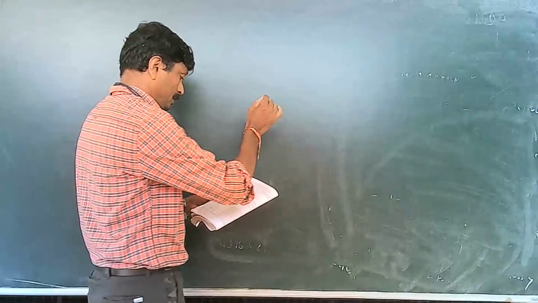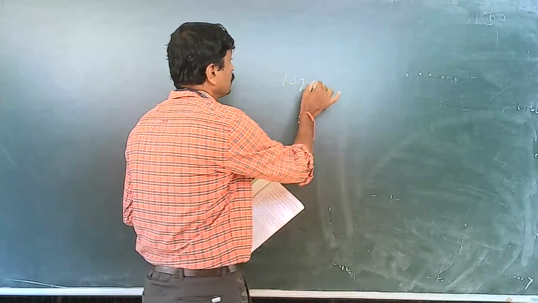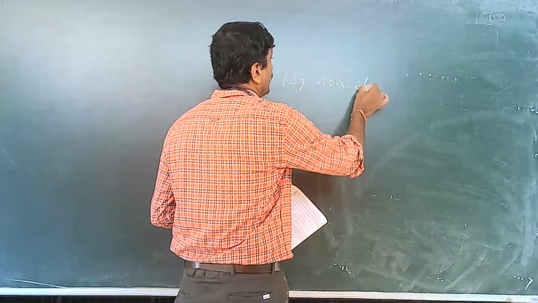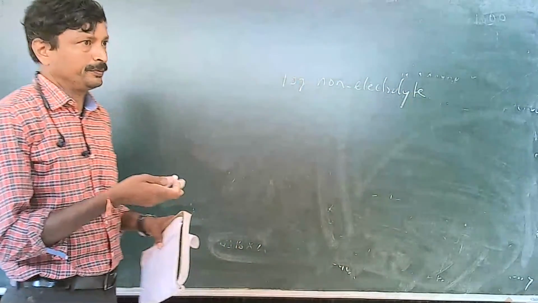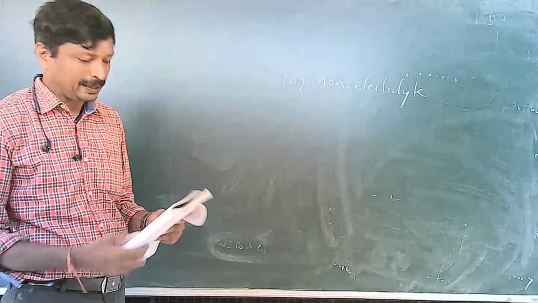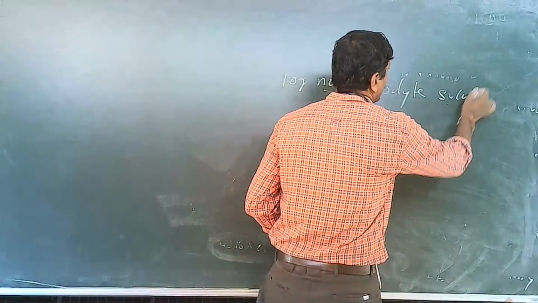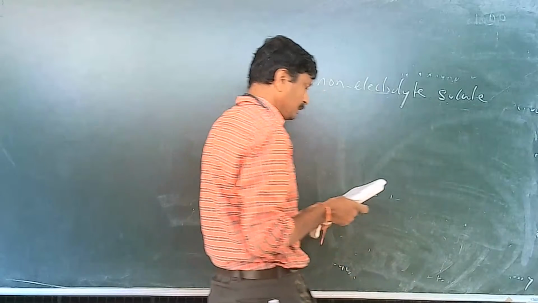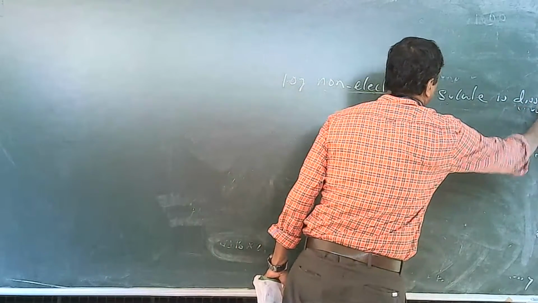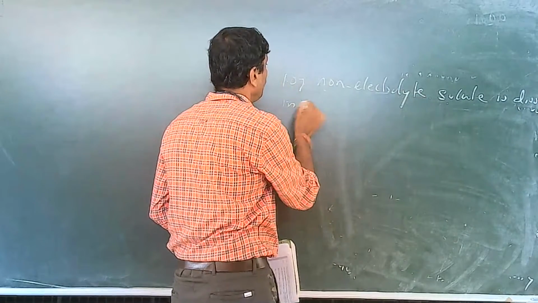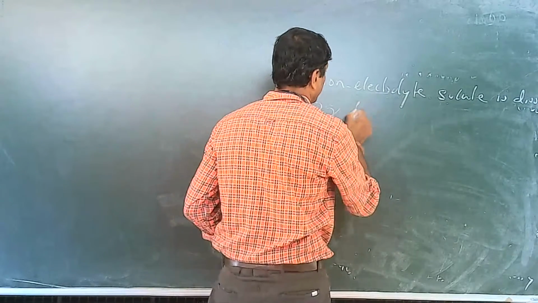The problem is like this. 1 gram of a non-electrolyte solute is dissolved in 50 grams of benzene. Why are we using the word non-electrolyte in the problem? We shall discuss that later.